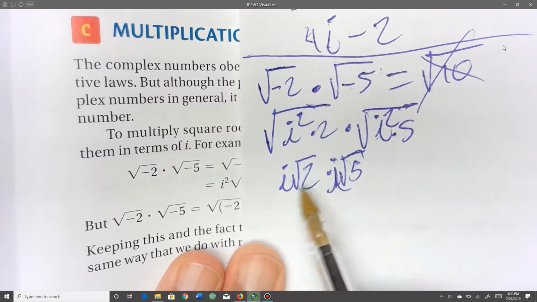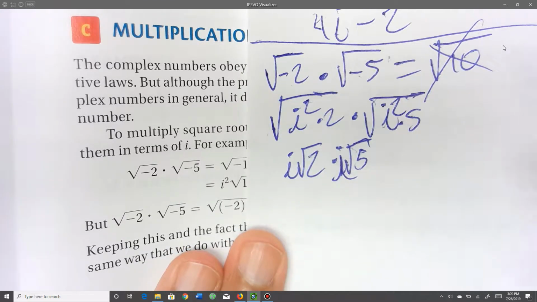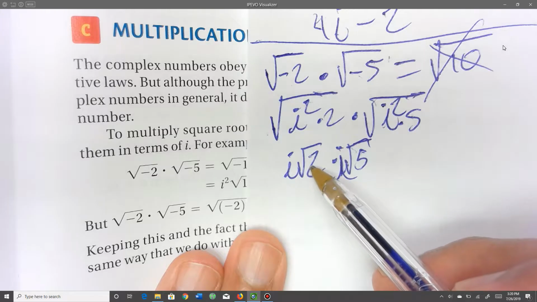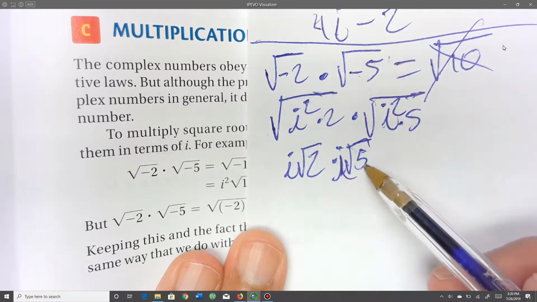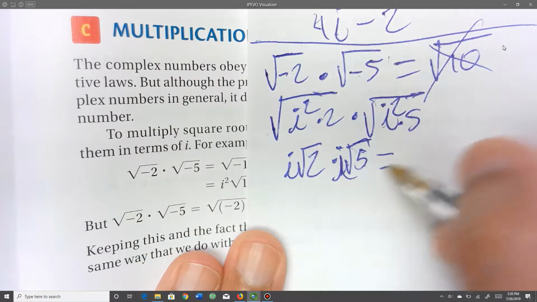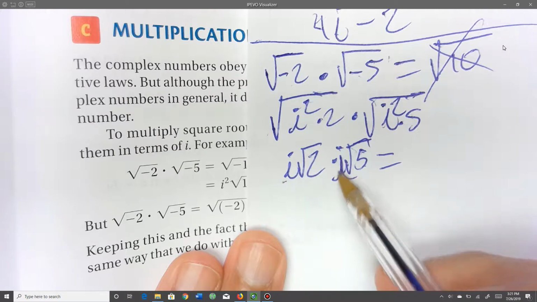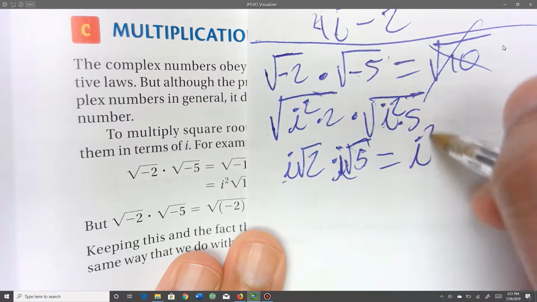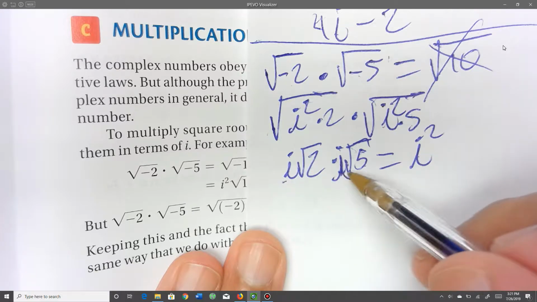Okay, so now I can apply the rule for multiplying square roots, because notice that I have positive values inside the radical signs. i times i is i squared. Again, you treat it just like you would any other variable.